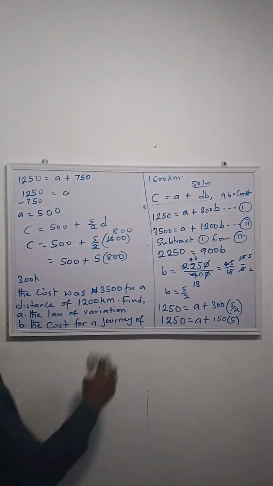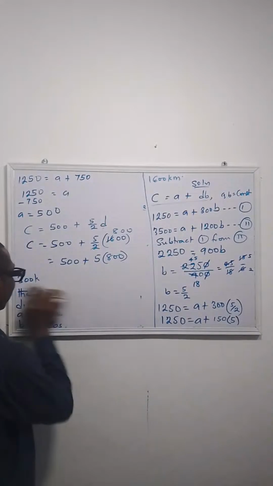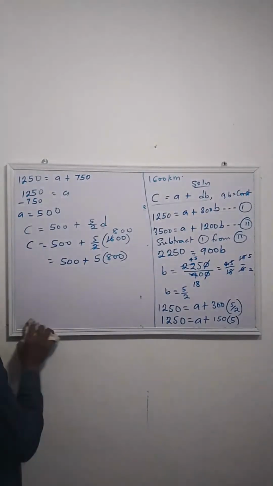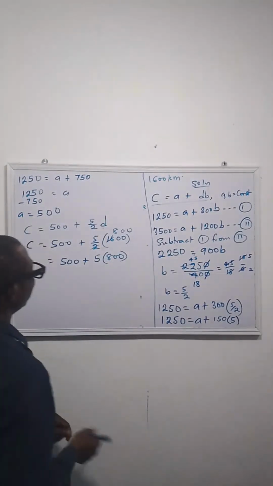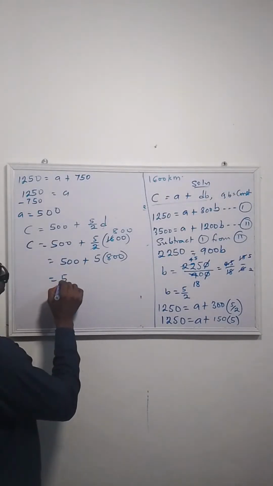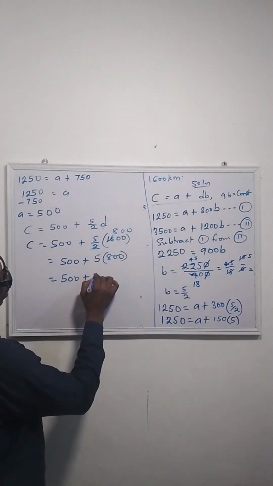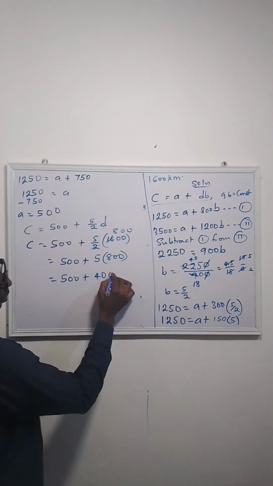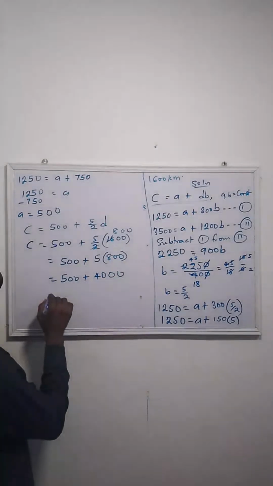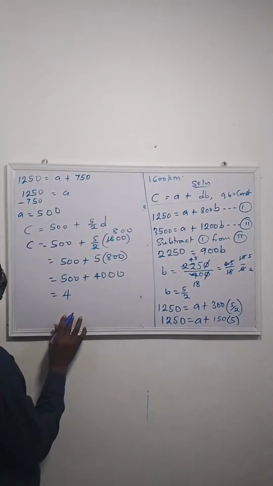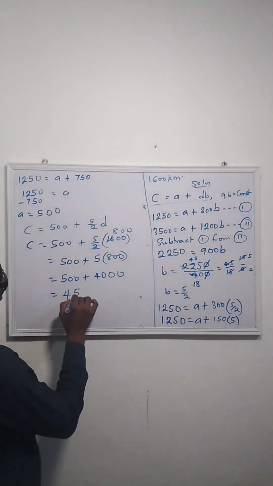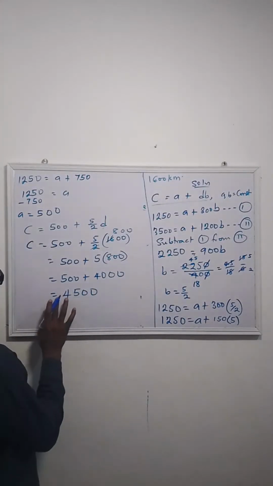What is 5 times 800? Just multiply 5 times 8. So we have 500 plus 5 times 8 is 40, and we just put the remaining 2 zeros there. That gives you 4,500. Now it's going to be in naira.